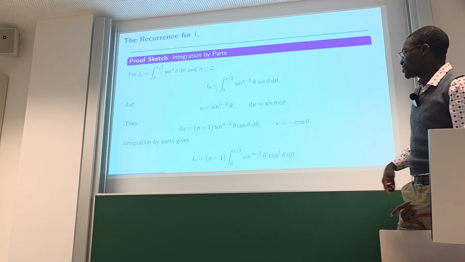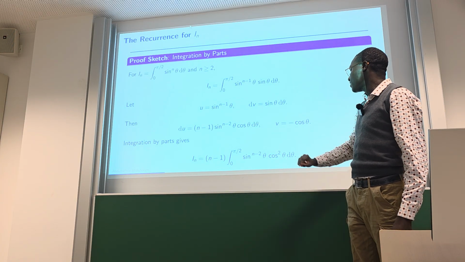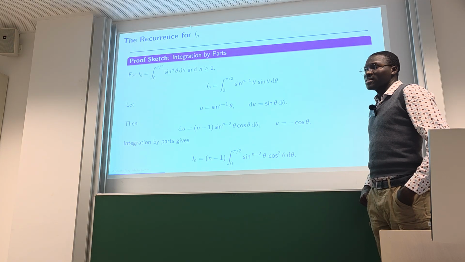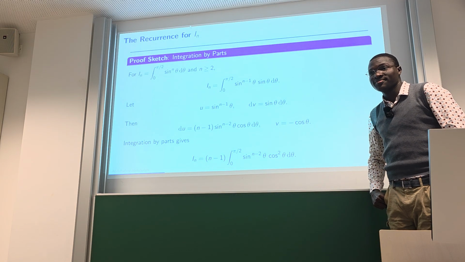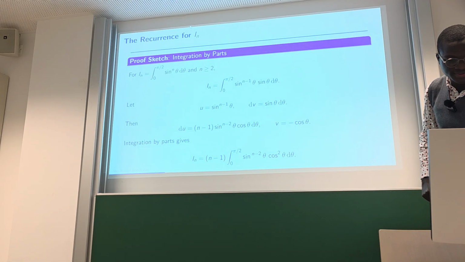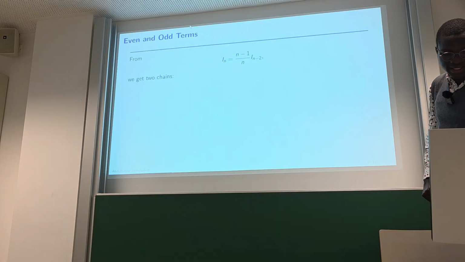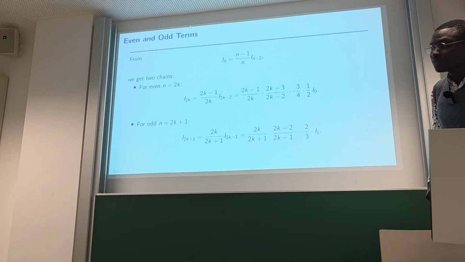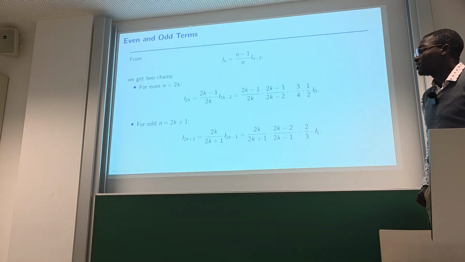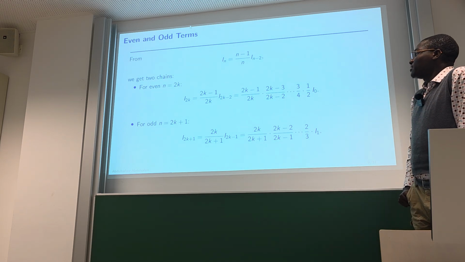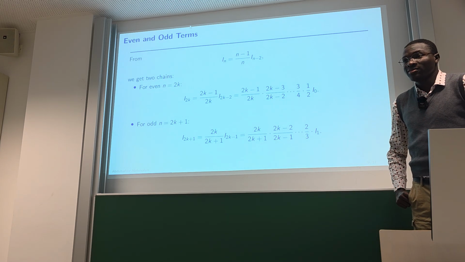To get this, you just replace cosine squared theta with 1 minus sine squared theta, right? And then you get this reduction formula. From this reduction formula, you get these two chains, and we explained how we could get this recursively, right?